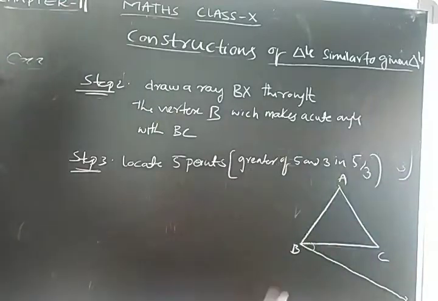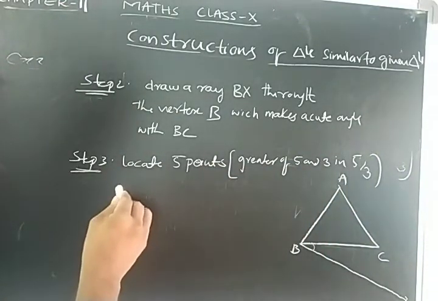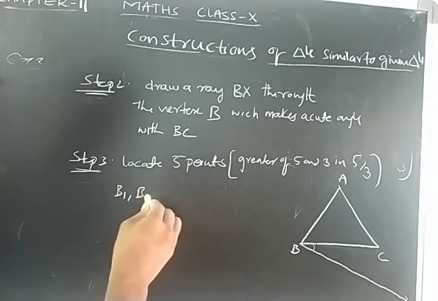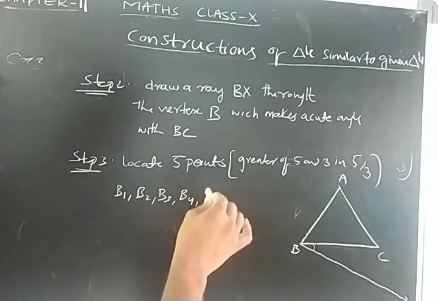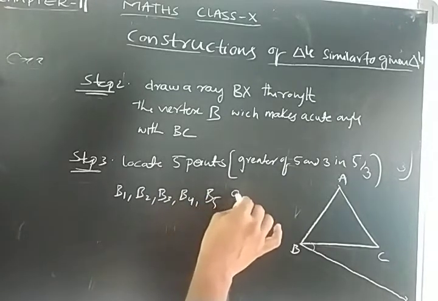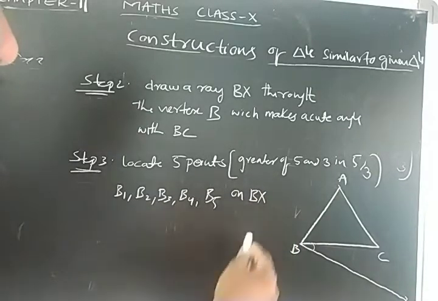The greatest number is the numerator, so 5 points. So locate the 5 points B1, B2, B3, B4, B5 on BX.